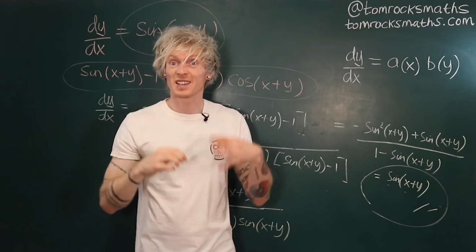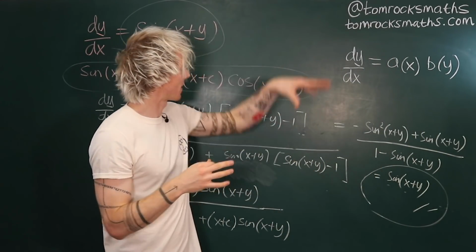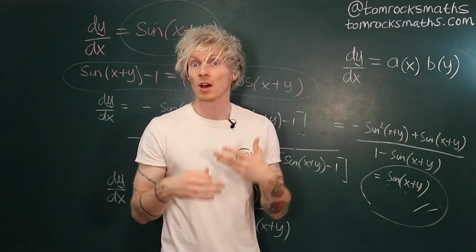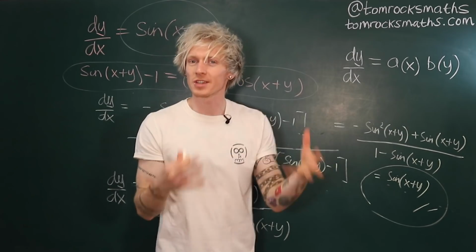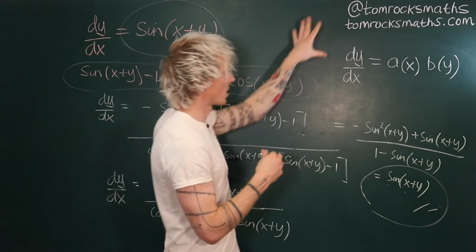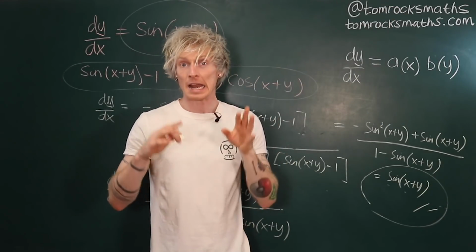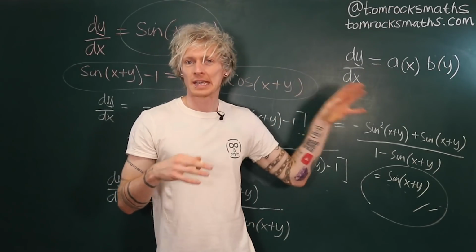And as we saw in our second example, you might have to make a substitution in order to get it in this separable form. But then once you do, we take all of the y terms over here, all of the x terms over to the other side, and hopefully we can then integrate.